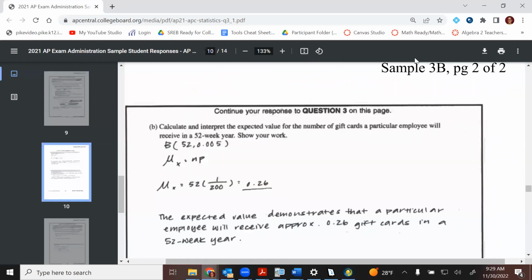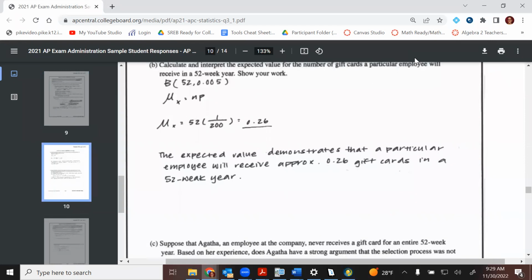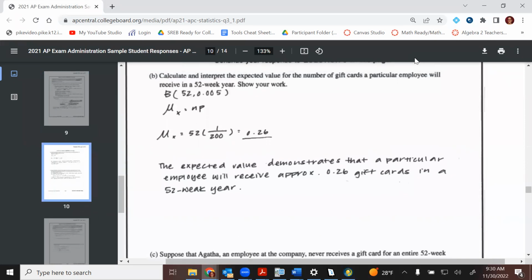Look at their answer to part B. How do you feel about the answer to part B? Numerically, they do that correctly. Yes. What do we think of their explanation? Exactly. So not after many, many, many weeks.